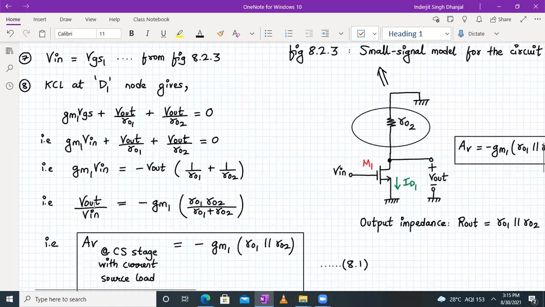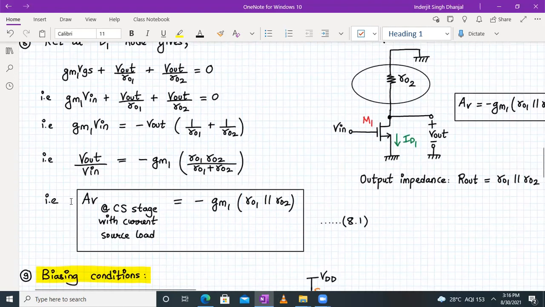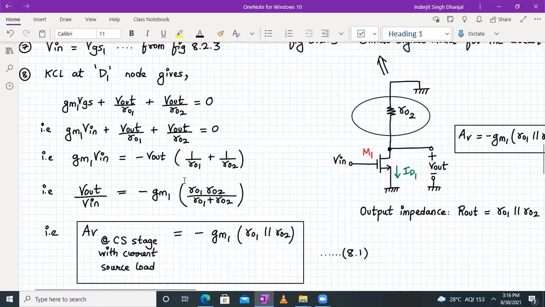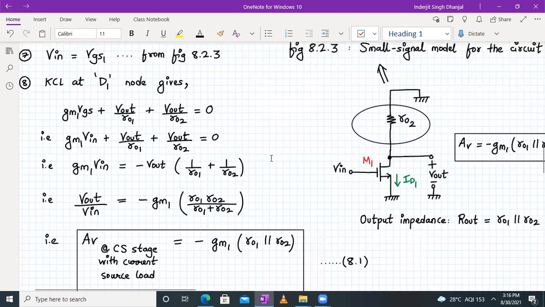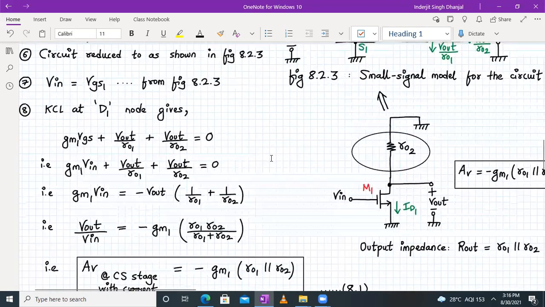After solving algebraically, you will get V out upon V in is equal to minus GM1 into RO1 RO2 divided by RO1 plus RO2. That is nothing but the small signal voltage gain for a common source amplifier with a current source load, given by minus GM1 into RO1 parallel to RO2, as we have discussed before. So this completes the small signal voltage gain expression for a common source amplifier with a current source load.